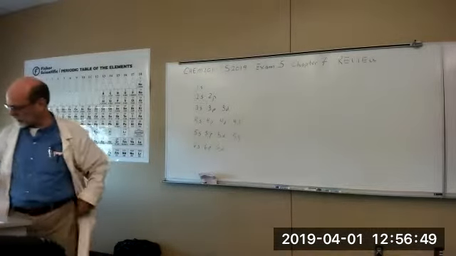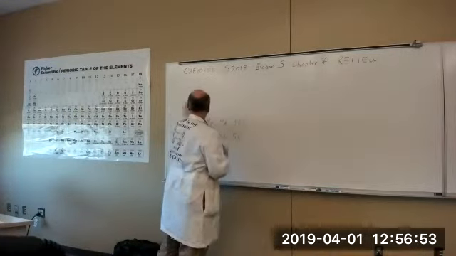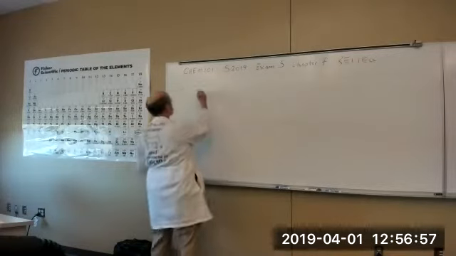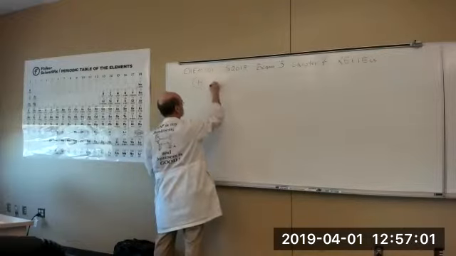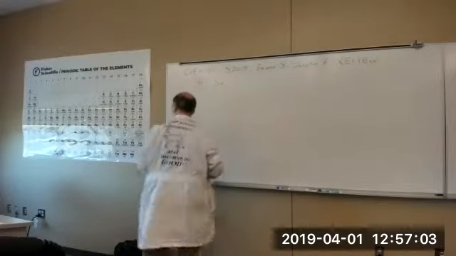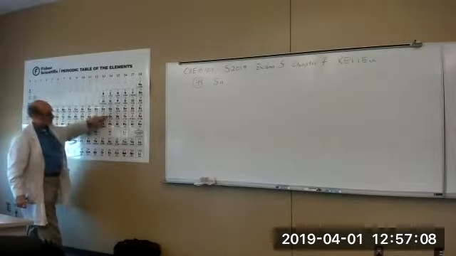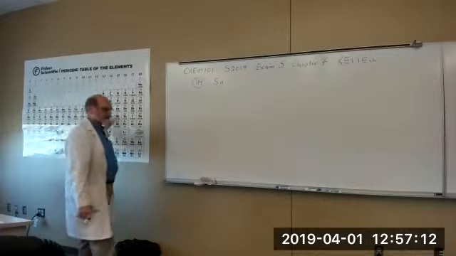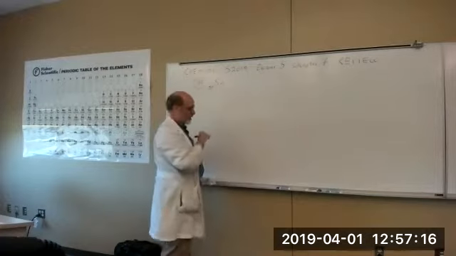Okay, Sn is tin. We got tin, and we need to build that atom. Okay, we look here and find tin, it's right there, and 50 is the atomic number. That means the neutral atom will have 50 protons and 50 electrons.